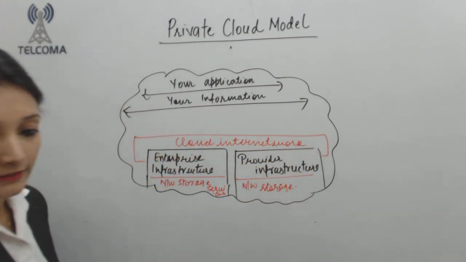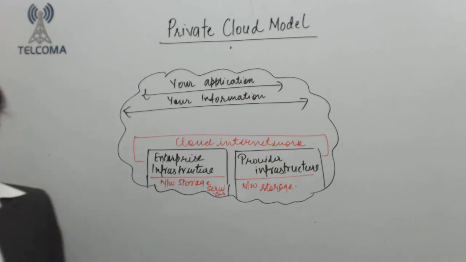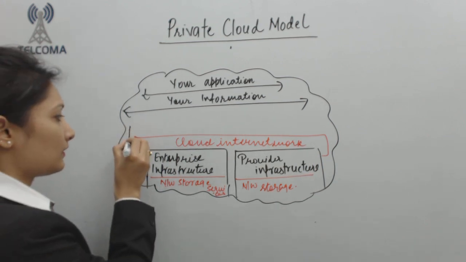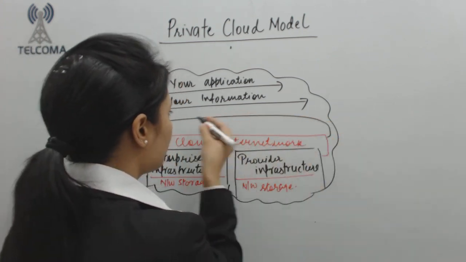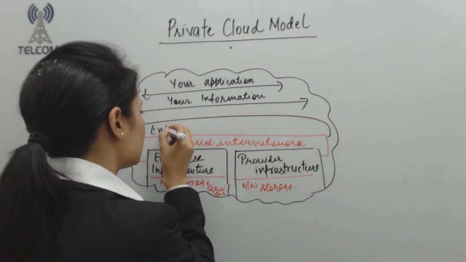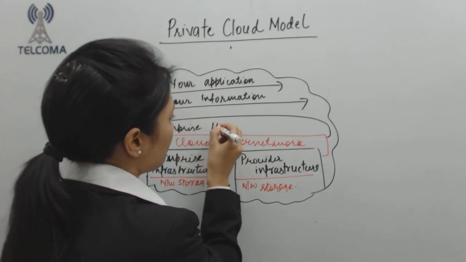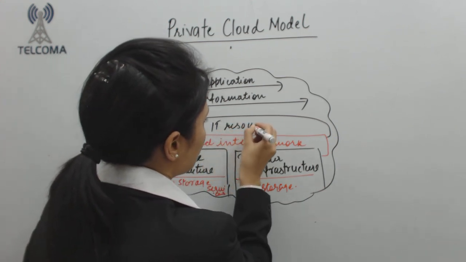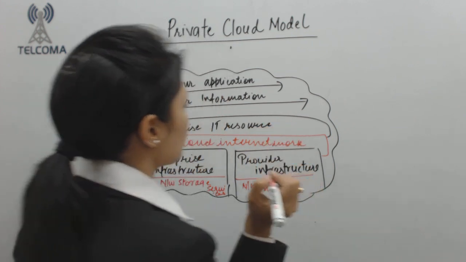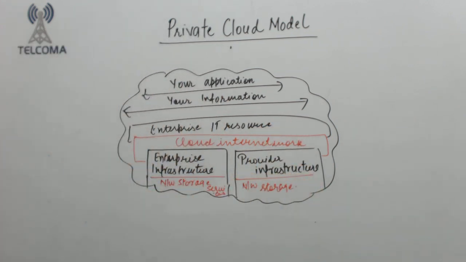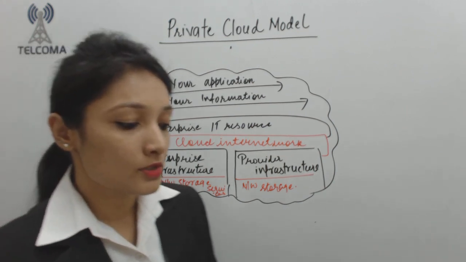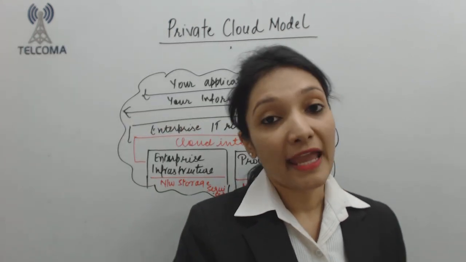Cloud inter-network, and then you have here the enterprise's IT resource. So for your private cloud model, what you're dealing with is your piece of information that is not shared here among any other client.